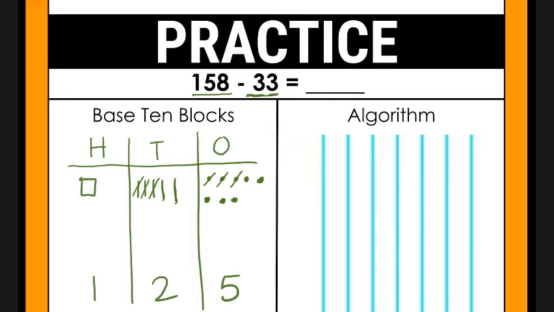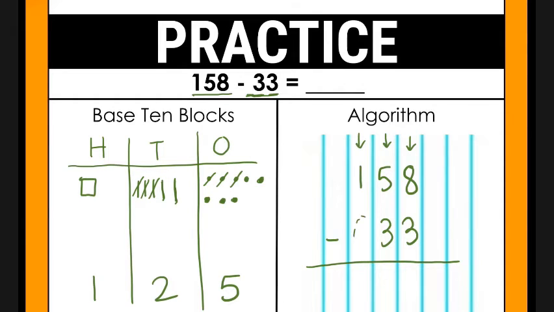Now let's set it up with the algorithm. So let's do 158 minus 33. So notice how my ones are lined up, my tens are lined up, and my hundreds are lined up because 33 doesn't have any hundreds.